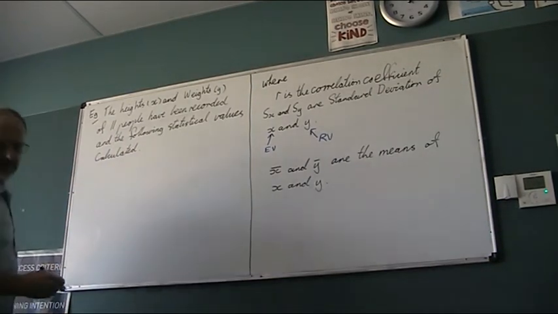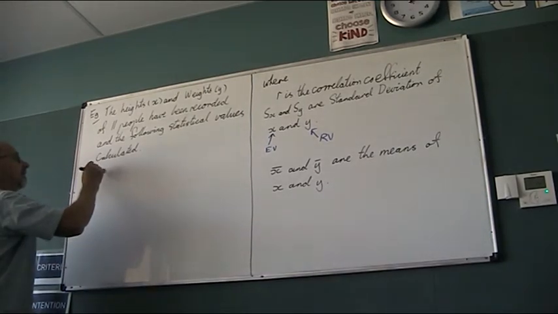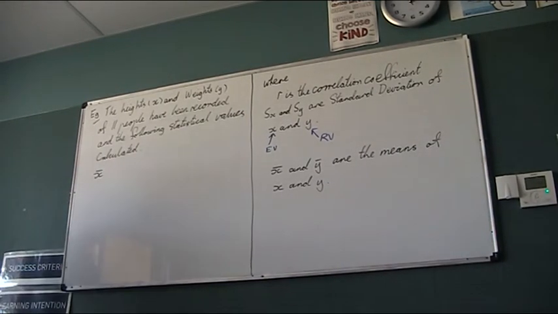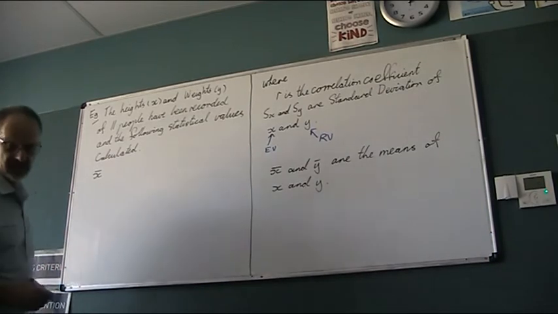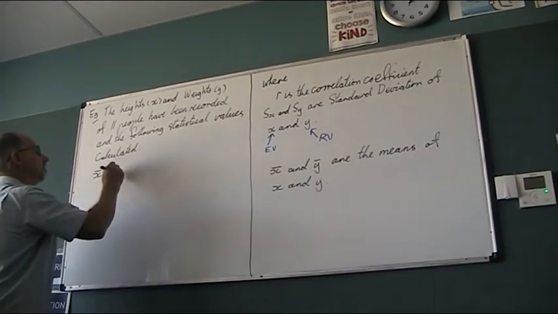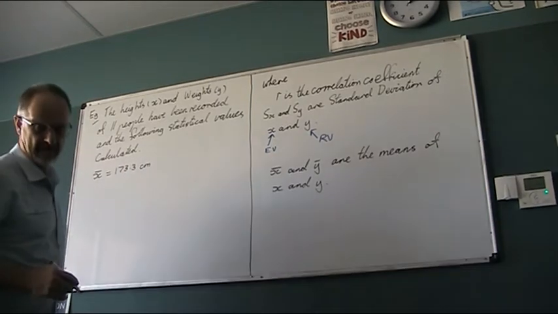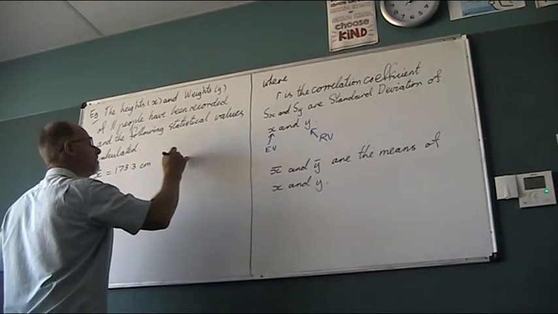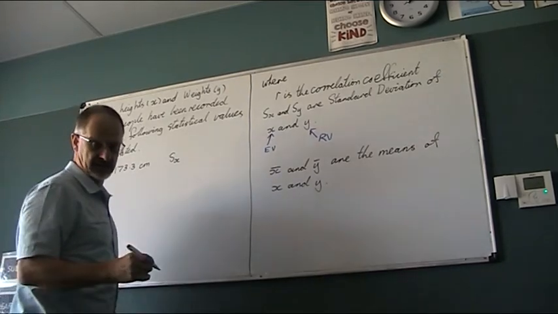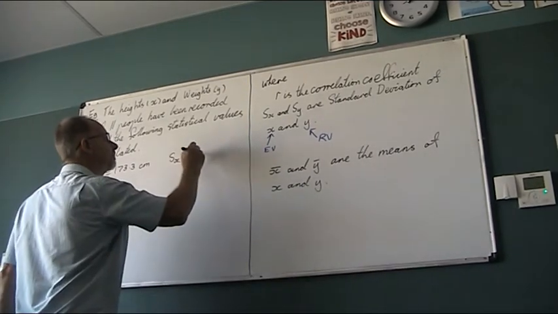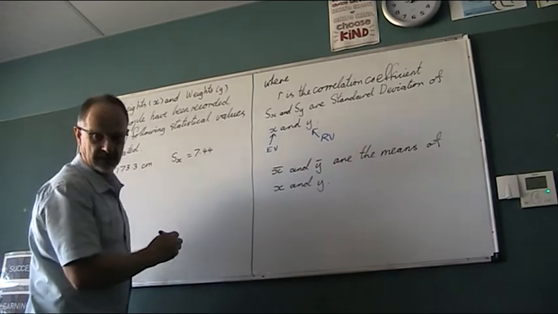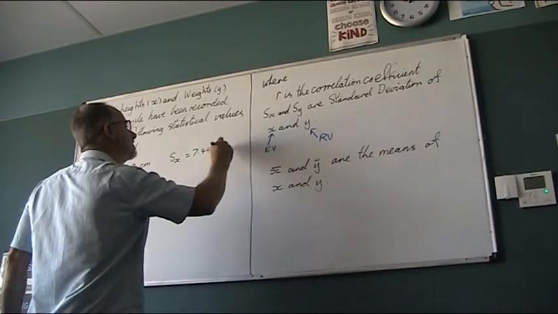Alright, so what they calculated? They calculated the mean value of the heights to be 173.3 centimetres, and the standard deviation of the heights 7.444 centimetres.